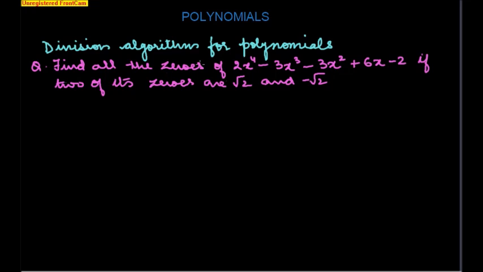Now please see, the degree of this polynomial is 4. That means the number of solutions possible are 4, out of which 2 zeros are given to you.